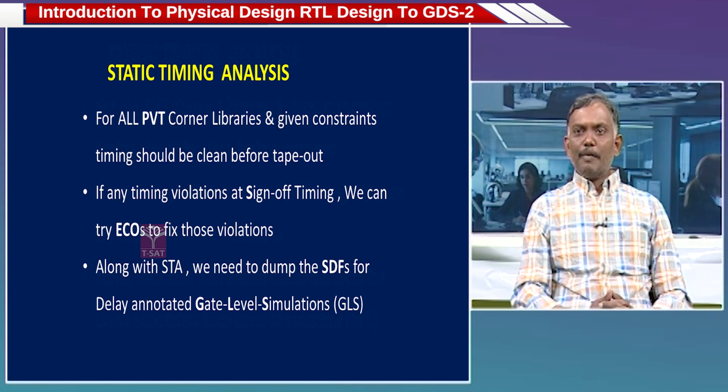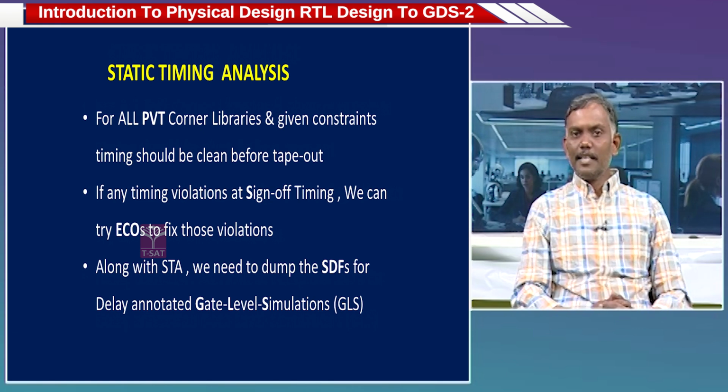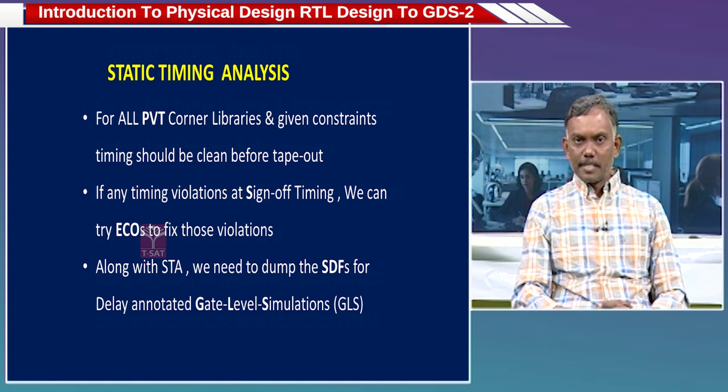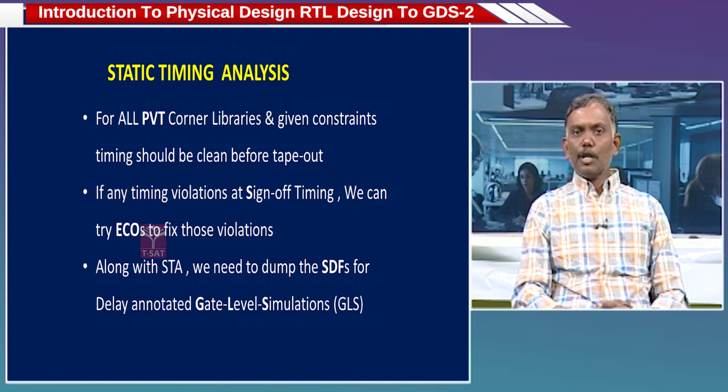For all PVT corners and the given constraint file we discussed as a part of logic synthesis and PNR, we should check setup and hold as a part of this static timing analysis. And if you see any setup violations and hold violations in the sign-off timing analysis, then we can implement those fixes as an ECO, engineering change order.